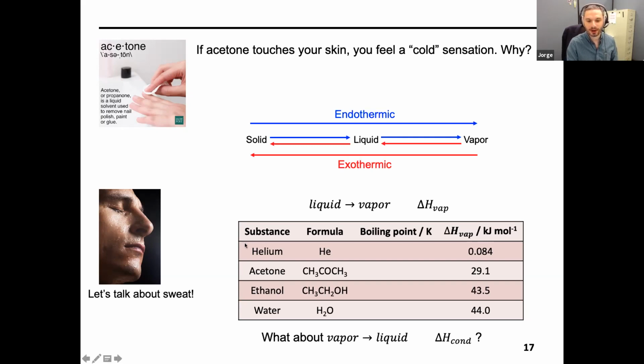So let's compare here four chemical compounds: helium, acetone, ethanol, and water. And let's compare the delta H for the vaporization process. So therefore, we are looking for the transformation between liquid and vapor.